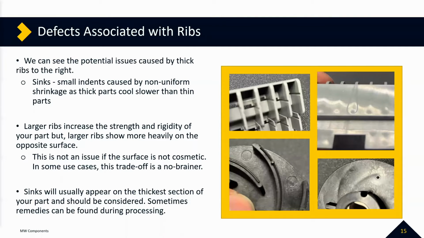And any long areas where you're going to have steel, that steel, especially at its tips, is going to heat up and retain heat much better because it is further from the cooling channels, the water that is coursing through the mold and pulling that heat out of there into a temperature controller. And so larger ribs, even though they increase the strength and rigidity of parts, can really affect the aesthetic of the opposite surface.